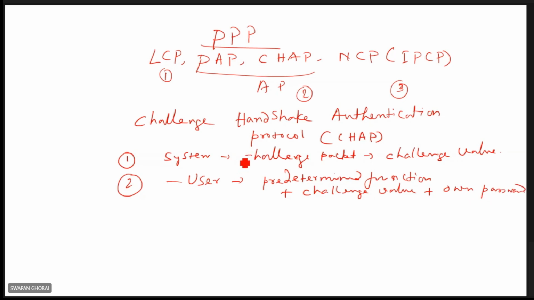So the user applies the predetermined function that takes this challenge value and the user's own password, and the whole process creates a result. This result is then sent to the system through the response packet.